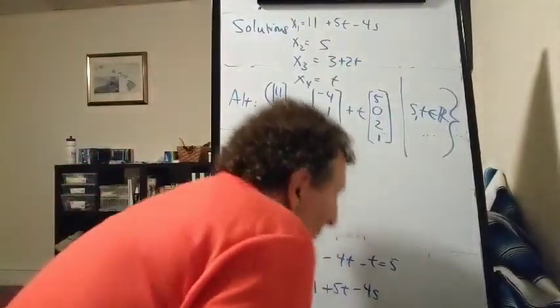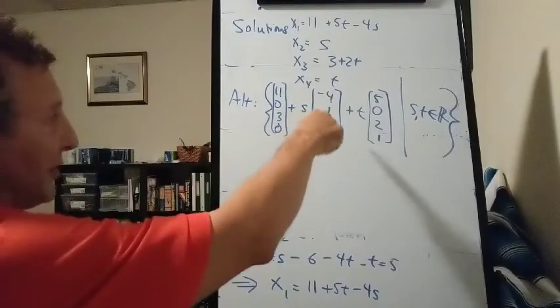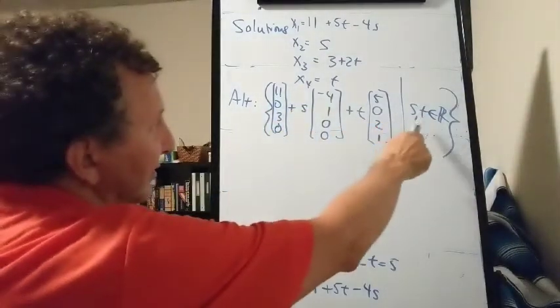So the solutions are all the vectors of this form, 11, 0, 3, 0, plus s times this, plus t times that, where s and t are real numbers.